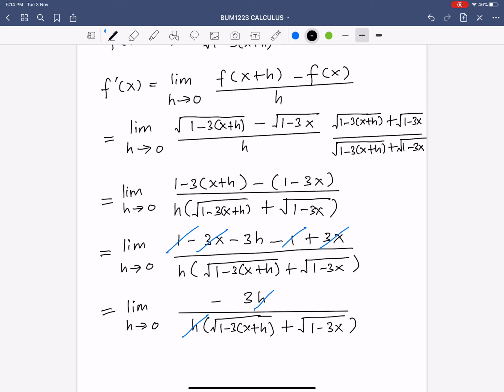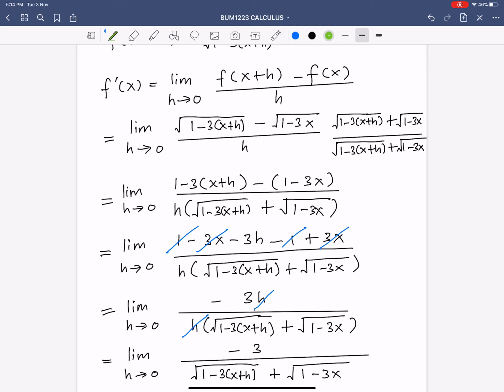So what's left is the limit as h approaches 0 of minus 3 over root of 1 minus 3(x plus h) plus root of 1 minus 3x.